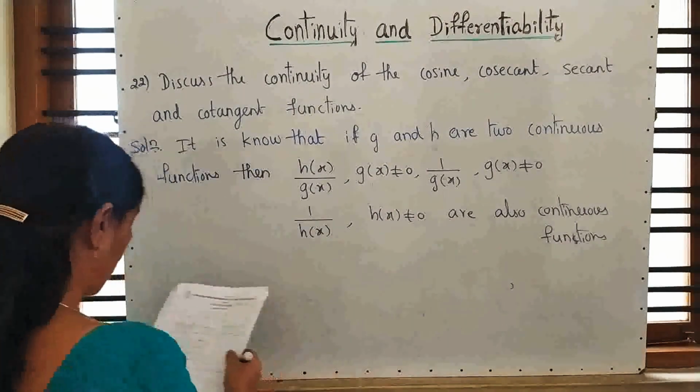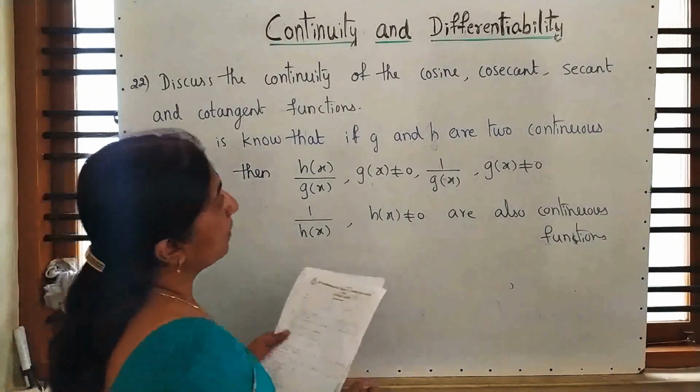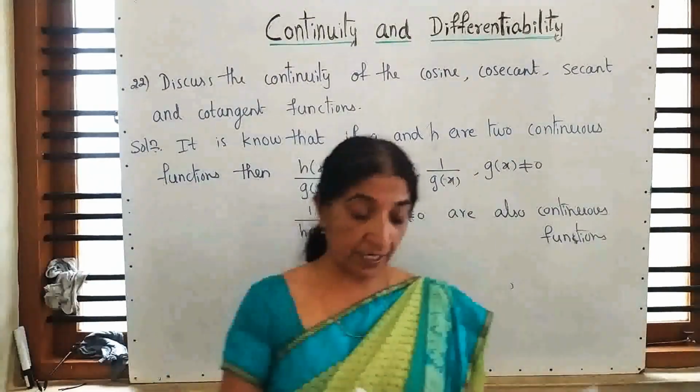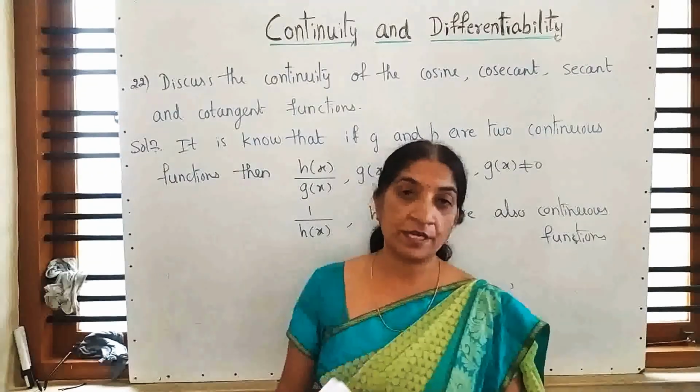So first we have to prove that sine and cosine are continuous. In the last example I gave it directly. Now here I am proving how they are continuous for cos and sine.